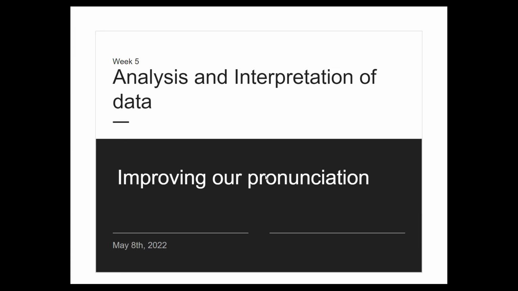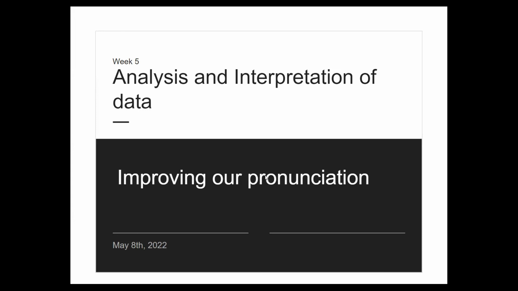I was telling you, the analysis basically is trying to understand the information that you already have based on administering the instruments, right? So if you have already administered the instruments, you may have information that you need to analyze and interpret. The analysis may come in different ways, and it will depend on the type of information that you have.